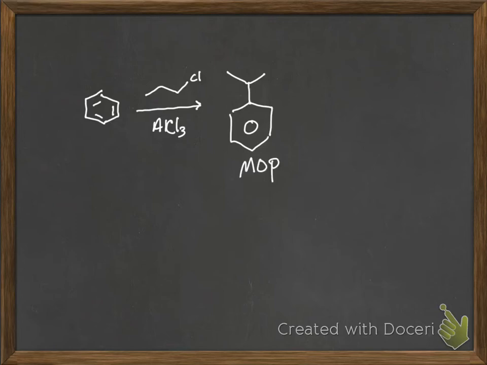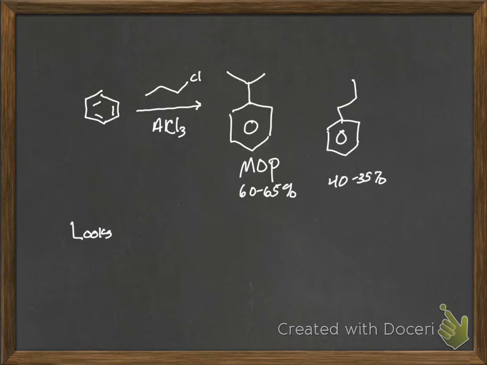Now, we're talking a major organic product in about 60 to 65% yield. The other one here being in about 40 to 35%. Now, how is a really bizarre question, because it looks like this is a rearrangement.